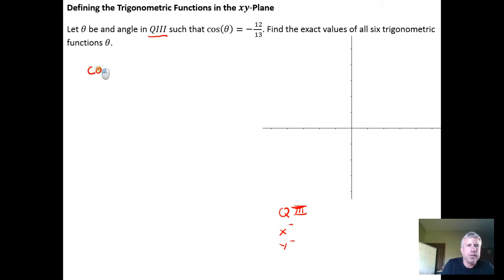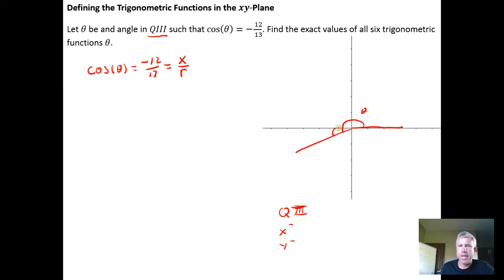And we're told that the cosine of theta is negative 12 over 13. And we know that the cosine is defined to be the x-coordinate, or the side adjacent to the reference angle, divided by the radius or the hypotenuse of the right triangle. So we have some angle here in quadrant 3. So we're sweeping through some angle theta into quadrant 3.